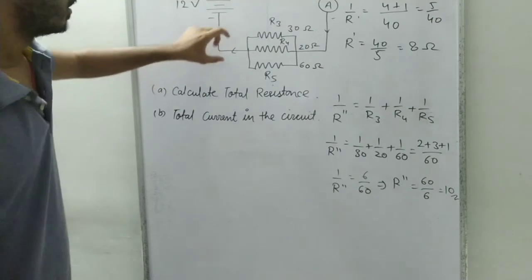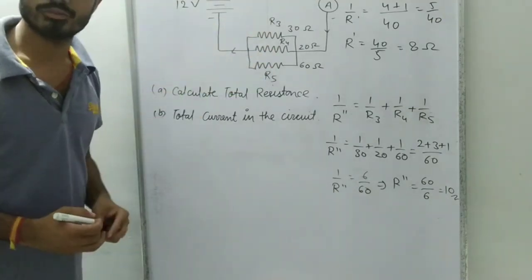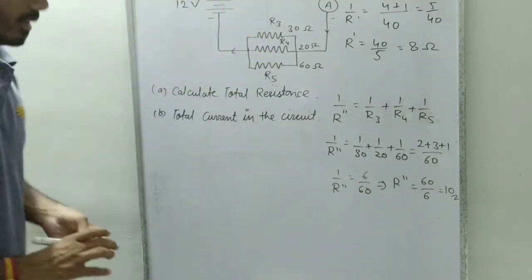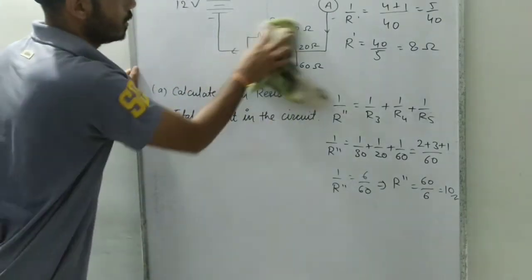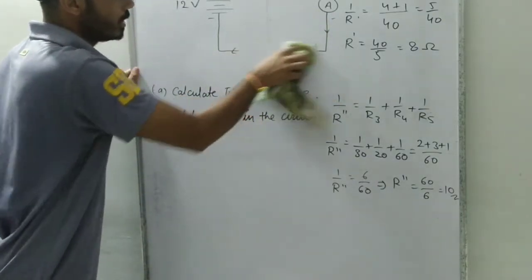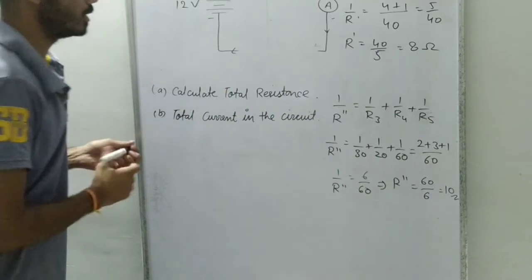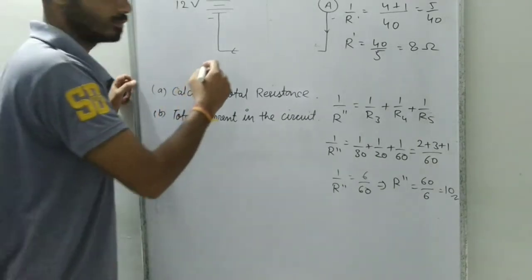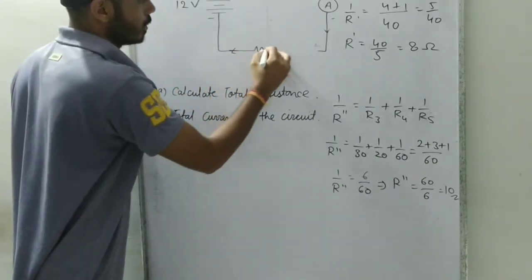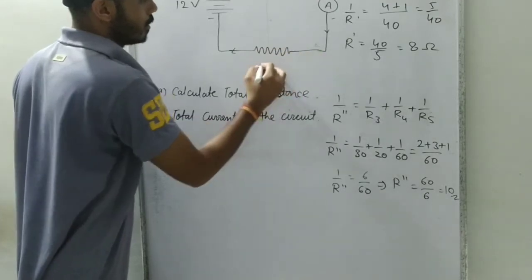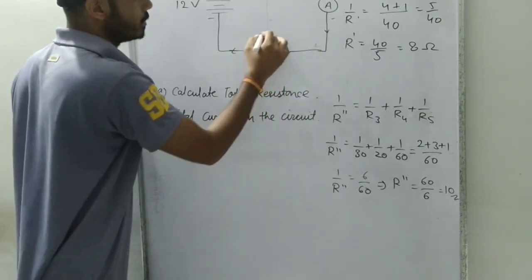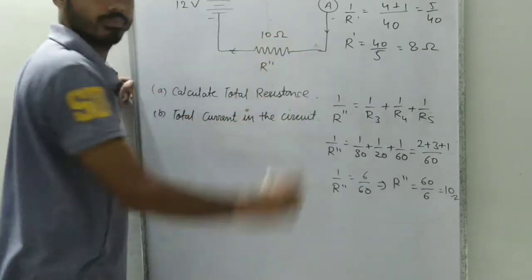so in place of R3, R4 and R5 we can write a single equivalent resistance R double dash, and its value is 10 ohm.